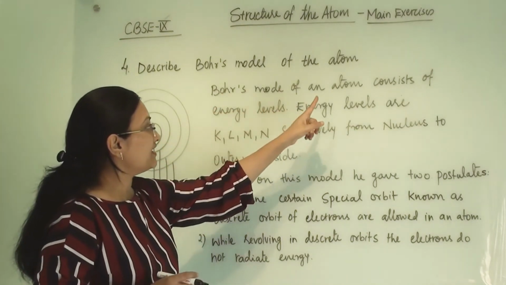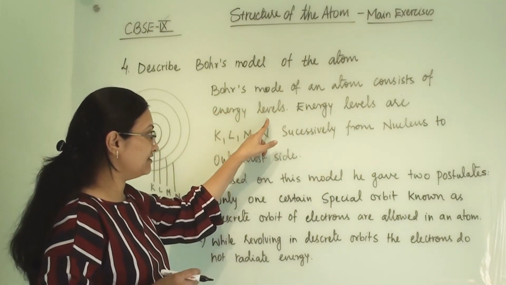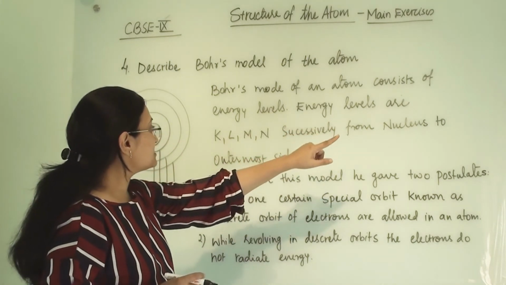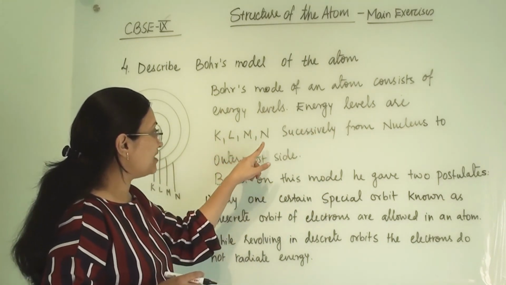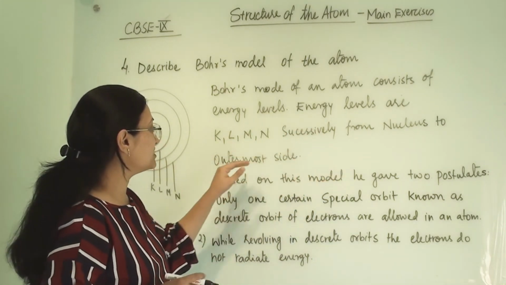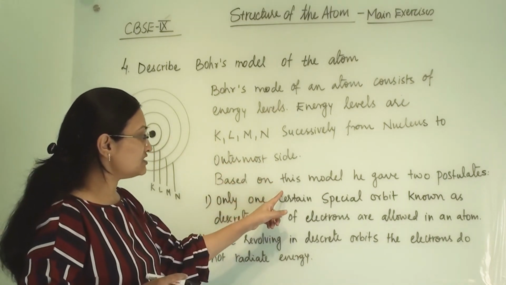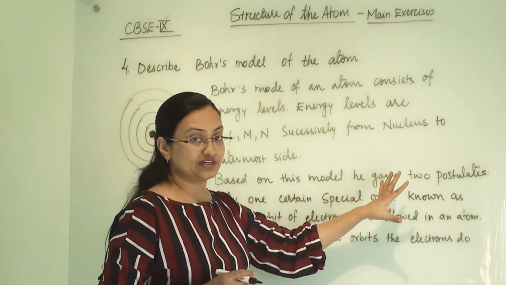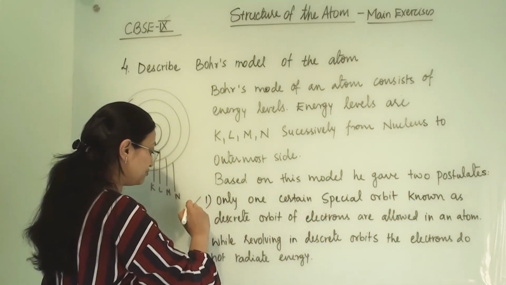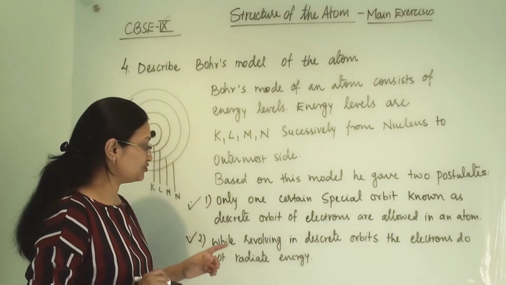Bohr's model consists of energy levels K, L, M, N successively from the nucleus to the outermost side. Based on this model he gave two postulates. This is important; we have to remember these two postulates.